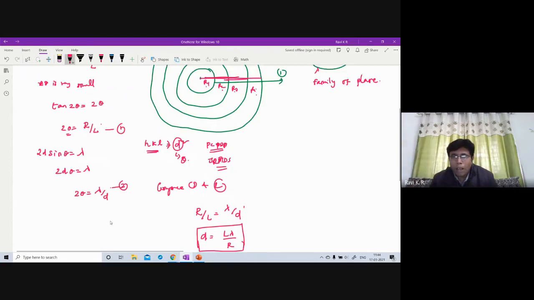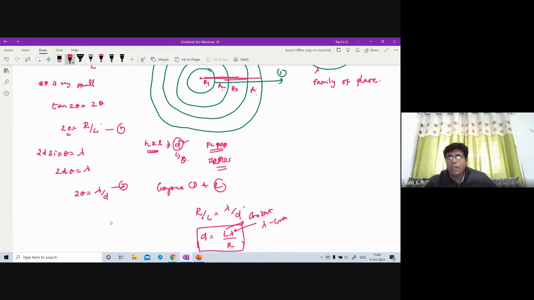Okay. As I told you, L is actually a constant for a particular machine. Suppose you have one TEM, then L is constant. Similarly, when you operate the TEM, you operate at a particular constant kV. That means the lambda is also constant.